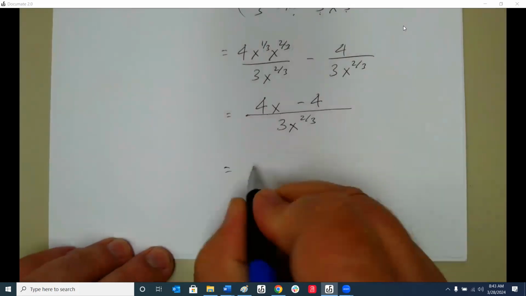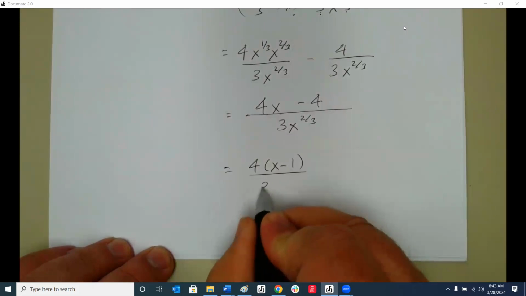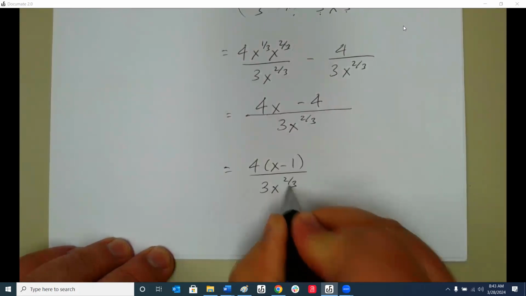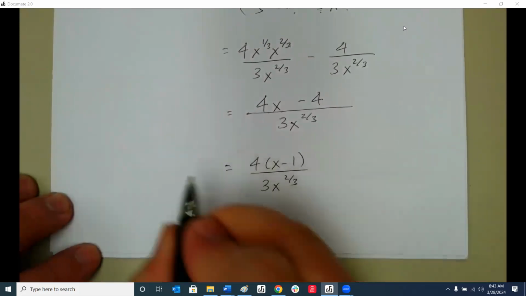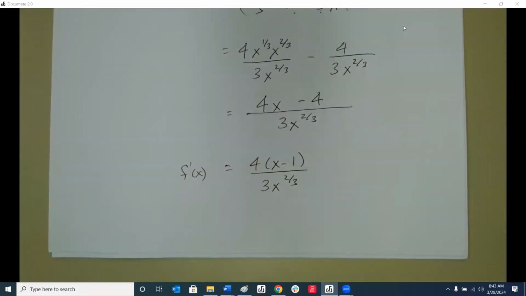Which can be simplified. We can factor out the 4. So that's our first derivative.